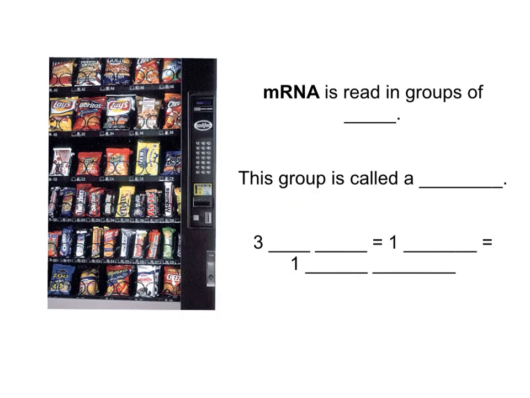So let's get a little bit more scientific with this. Our mRNA is read in groups of 3. This code of mRNA is read in groups of 3 bases at a time. Whether I'm talking about my A, my U, my C, or my G, it doesn't matter. It's read in groups of 3. This group is what we call a codon.